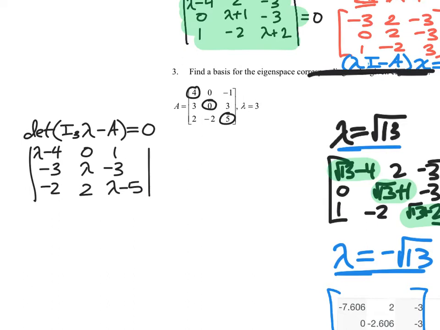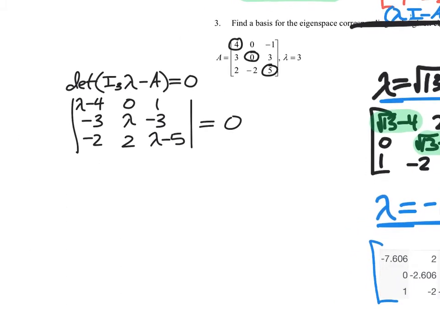Right. So we have to expand this with cofactors. Expansion by minors is another way of saying that. Working across the first row seems to make the most sense.